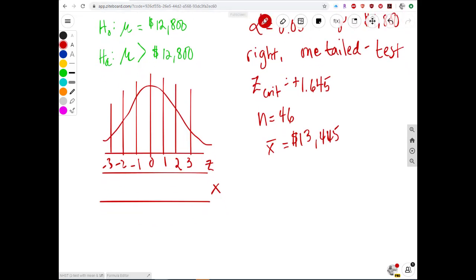Okay, so I'm going to try to write 12,800 right here. And I need to find this distance for my standard error.